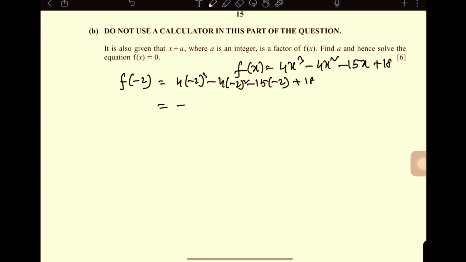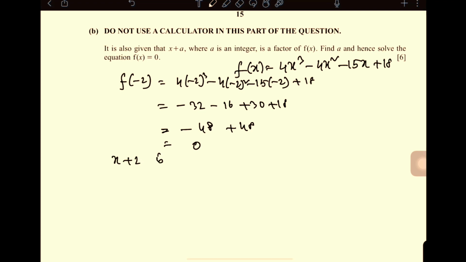So this will be minus 32 minus 16 plus 30 plus 18, and this is 48. So 0. So that is x plus 2 is a factor of fx.